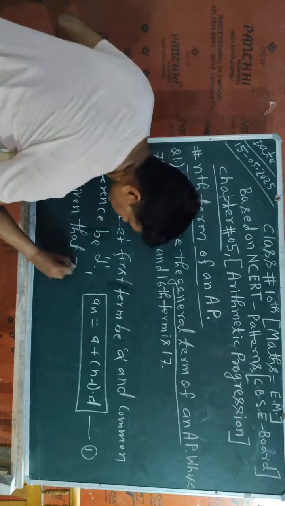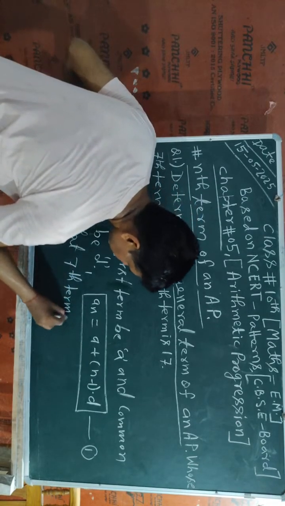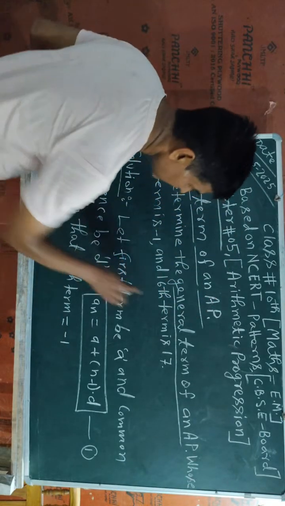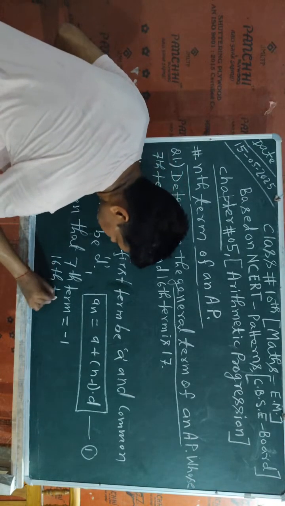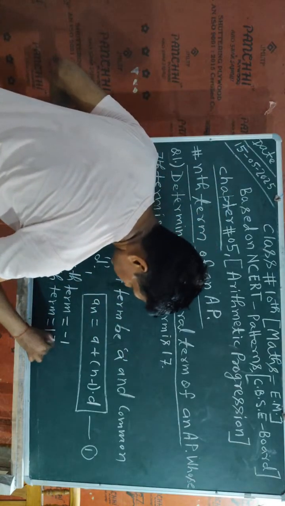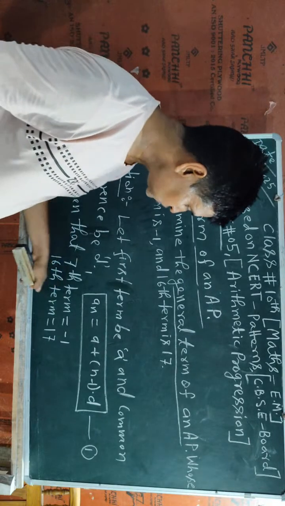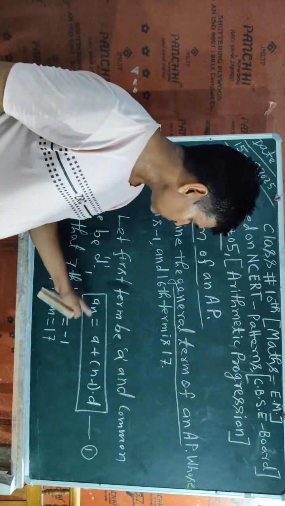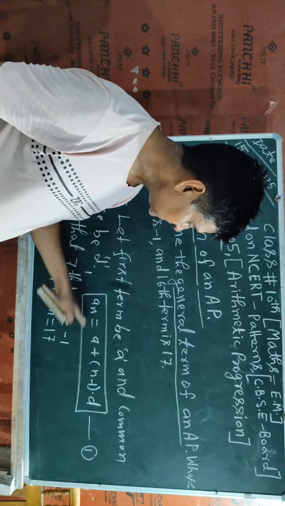The seventh term is -1, that is given, and the 16th term, whose value is 70, is also given in the question. So these are the two pieces of information, and after using them I will get the value of A and D, and after that we will substitute the values.